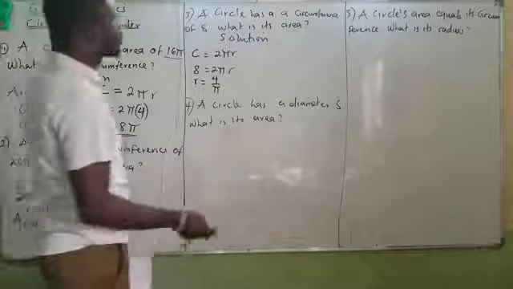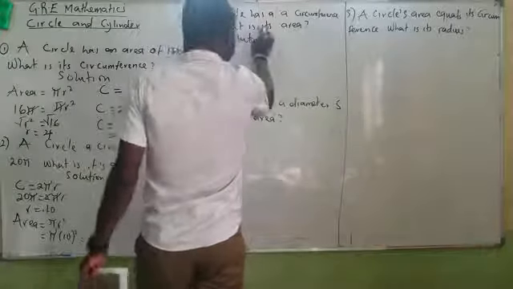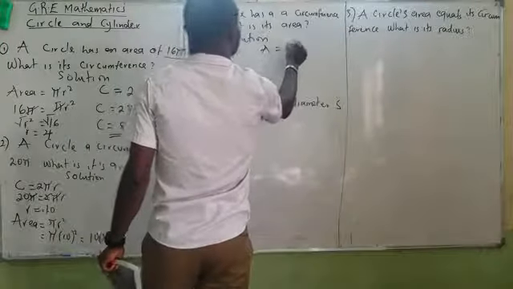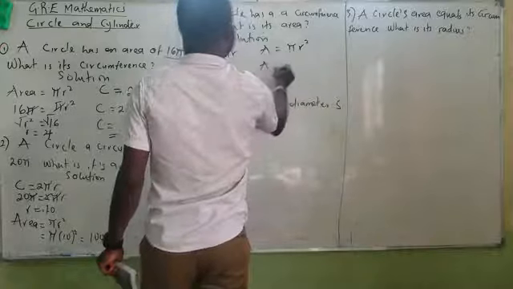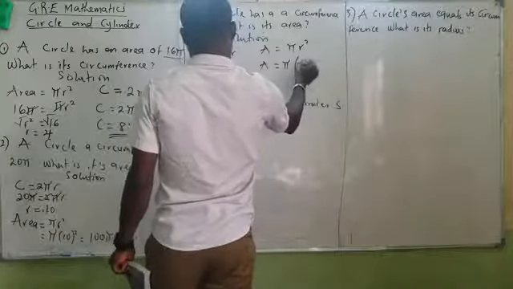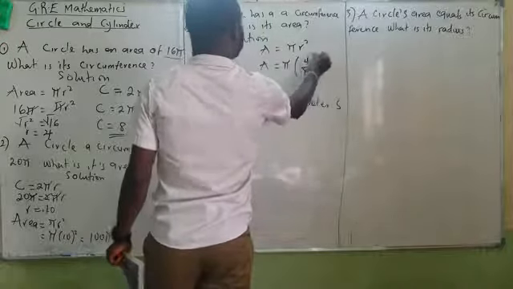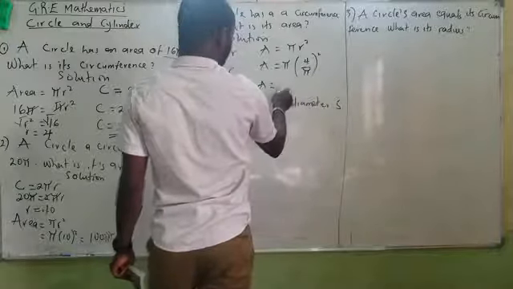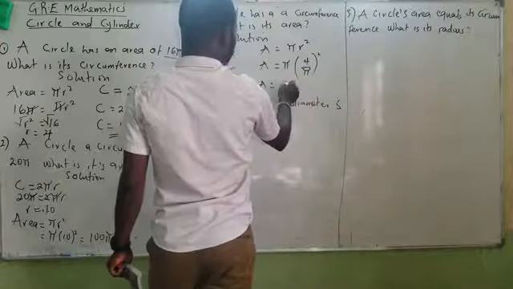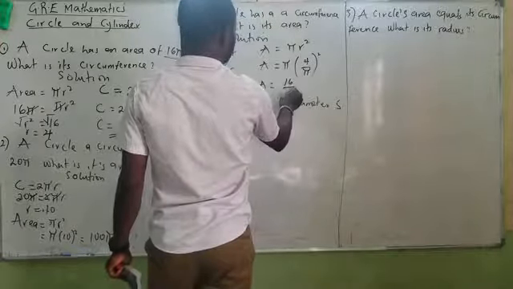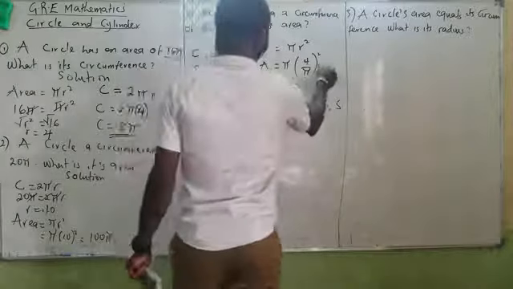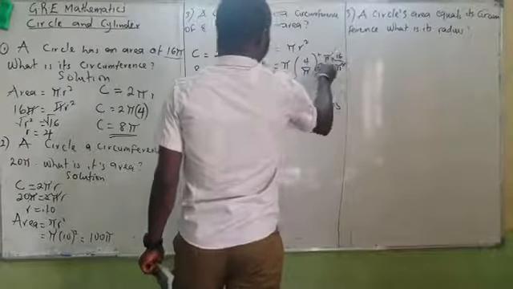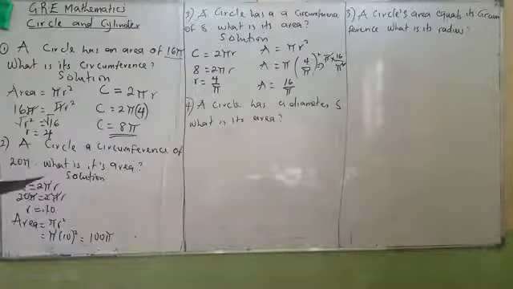Since my r equals 4 over pi, what is its area? My area equals pi r squared. My area will now be pi times 4 over pi, all squared, which gives 16 over pi. That is my answer, because we have pi multiplied by 16 over pi squared, and this cancels one pi.